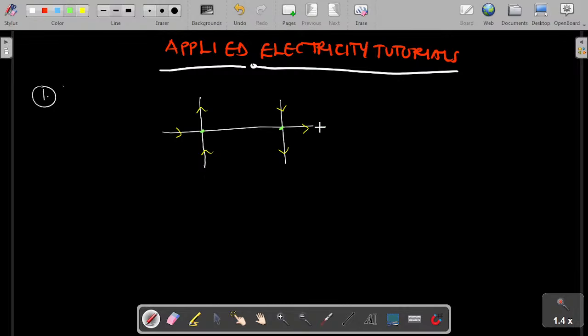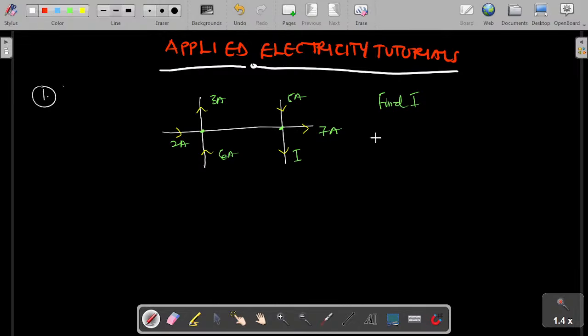This is 7 amperes, this is 5 amperes, this is 3 amps, this is 6 amps, this is 2 amps. So this is I, and the problem says find I. You have to find the value of the current labeled I here. That's the first problem you're going to look at.